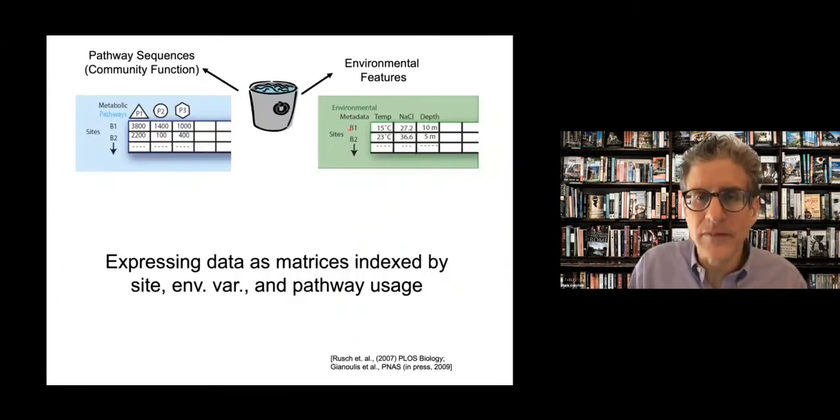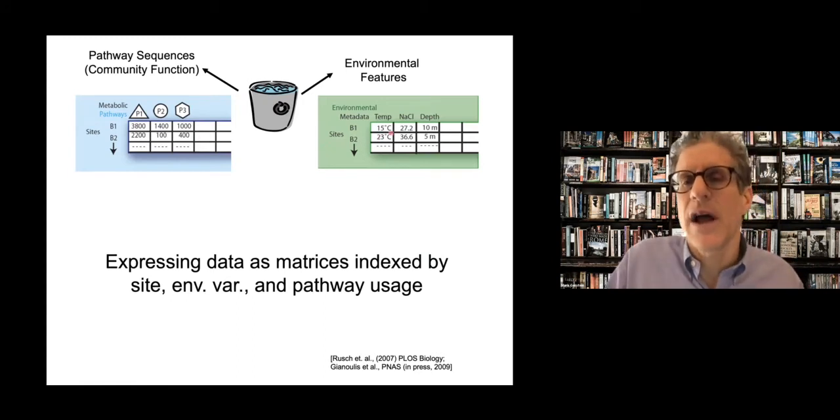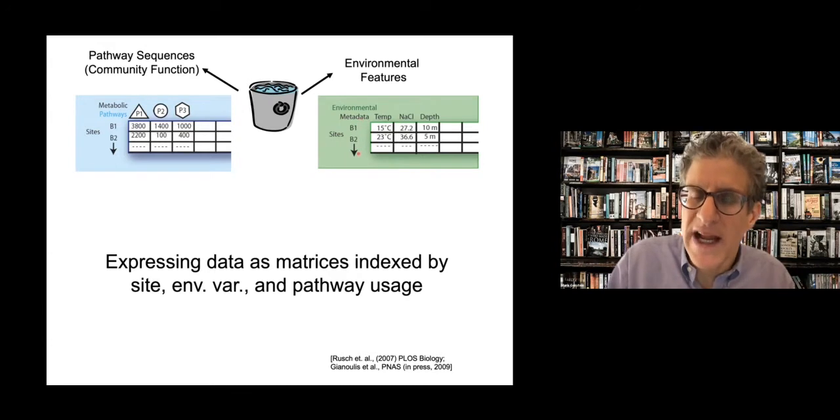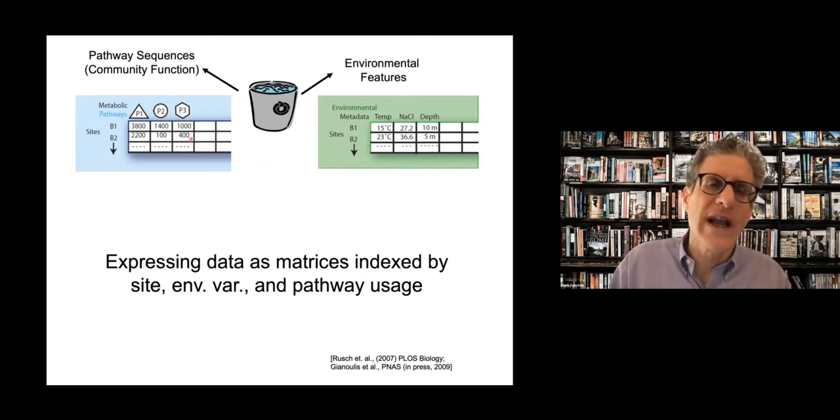Well, you can imagine we're going to start off with two data matrices, as we always do. One data matrix will hold all of our environmental data. We have all the sites on the ocean, and we have the temperature, the salinity, depth, whatever, and make a data matrix. And then we're going to get all of our reads in each of the sites.